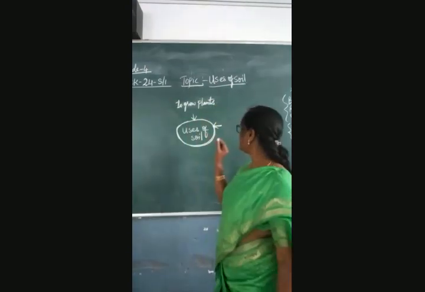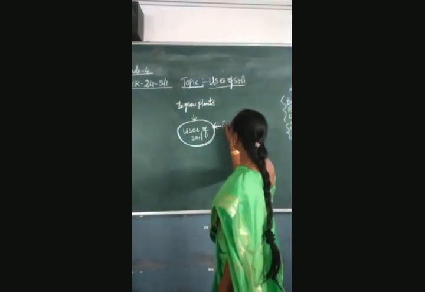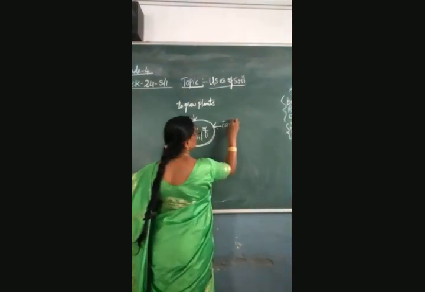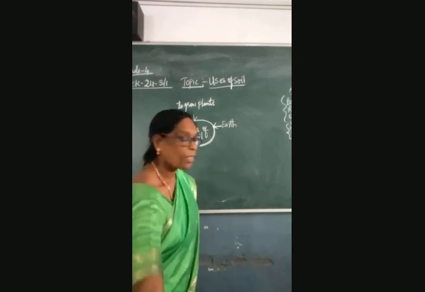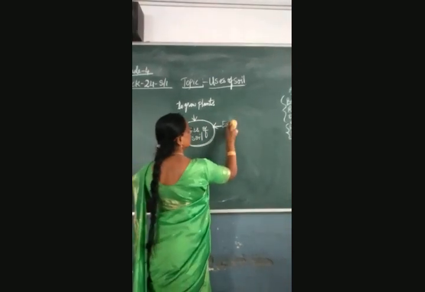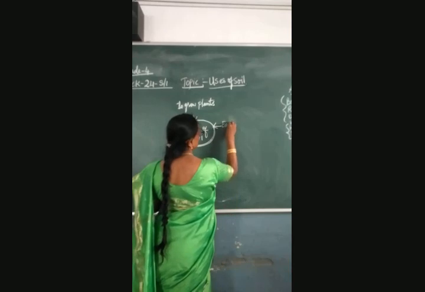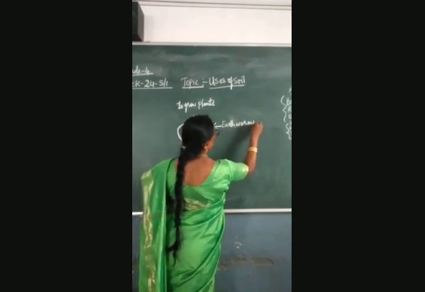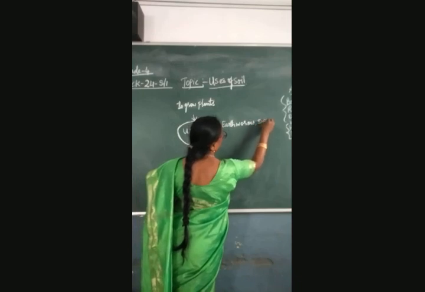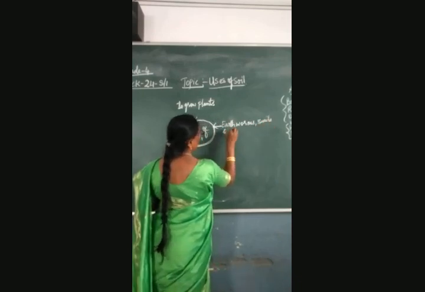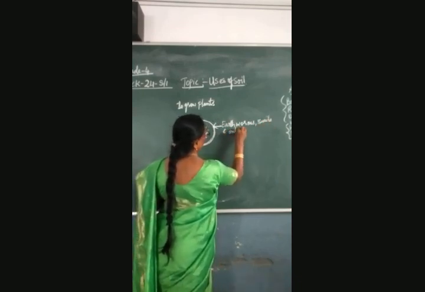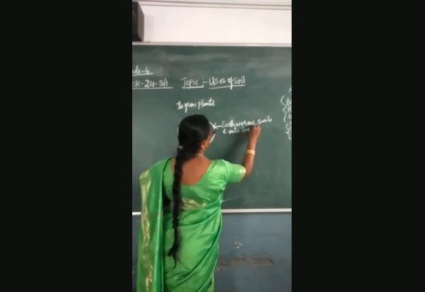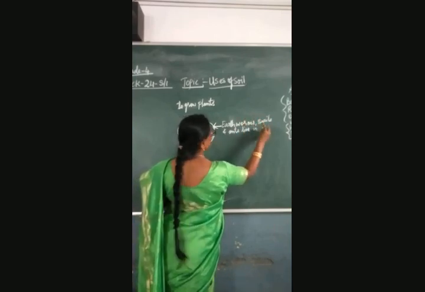So here we can write: earthworms, snails and ants live in soil.